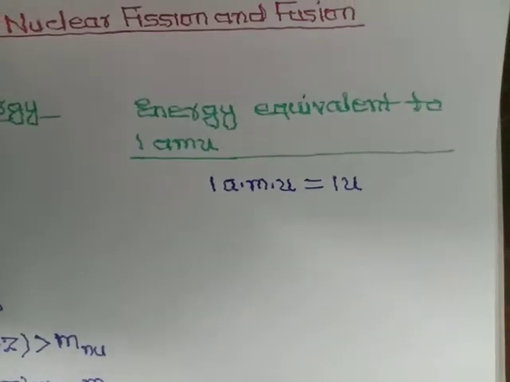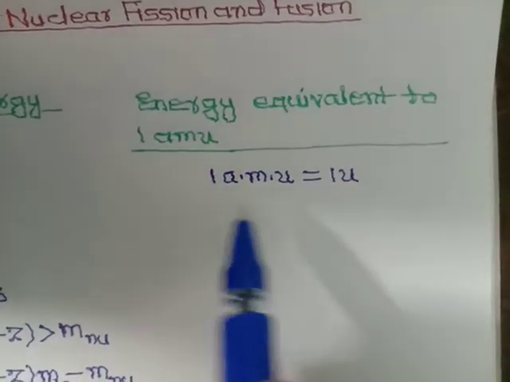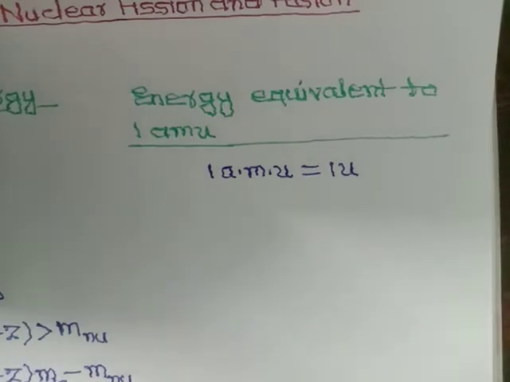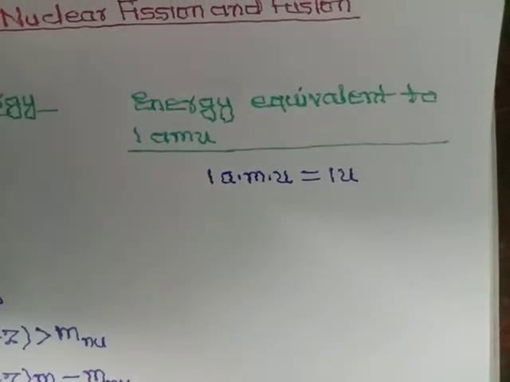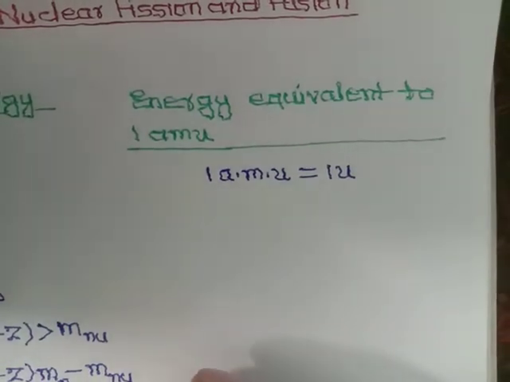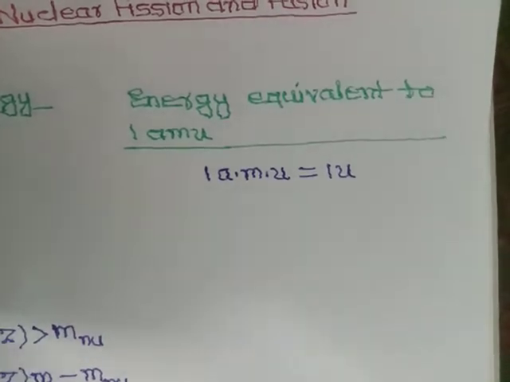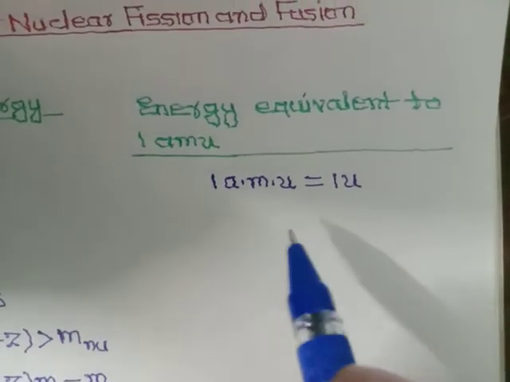So what we will do, first we will convert this 1 atomic mass unit into kilogram, then into joules, and then into mega electron volt, right?